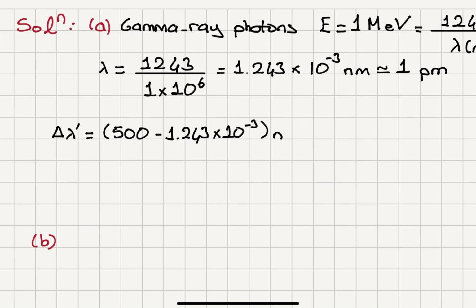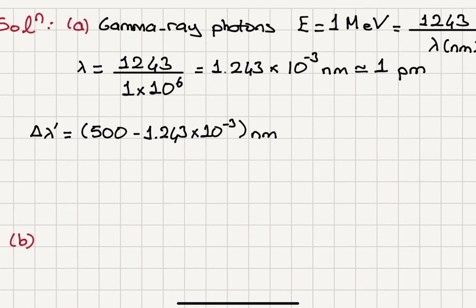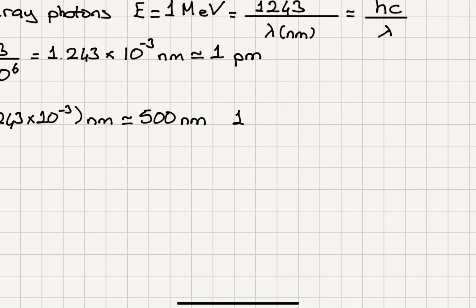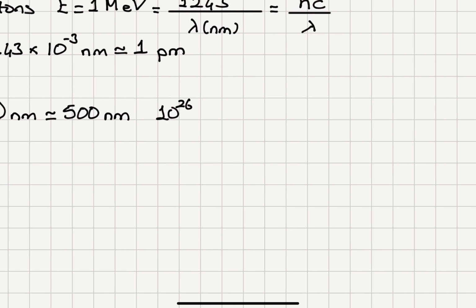So that number is negligible compared to 500. Therefore, the wavelength change is about 500 nanometers. And we have 10^26 Compton scattering events in which this wavelength change occurs.